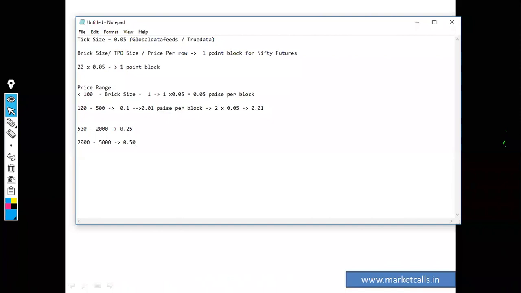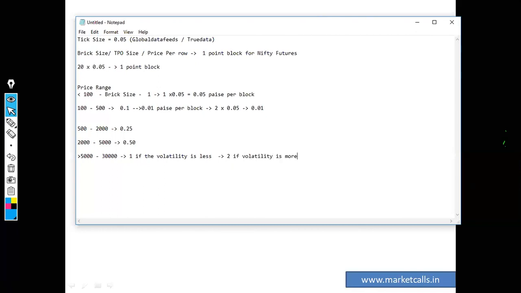And if it is more than 5000 to 30,000, something like Nifty or Bank Nifty, I will always prefer using 1 if the volatility is very less. If volatility is more, possibly I'll be using 2.